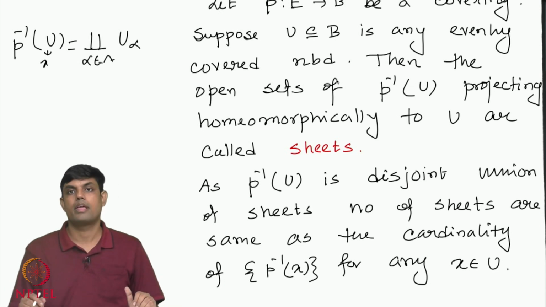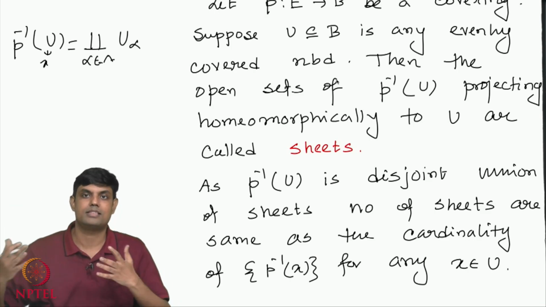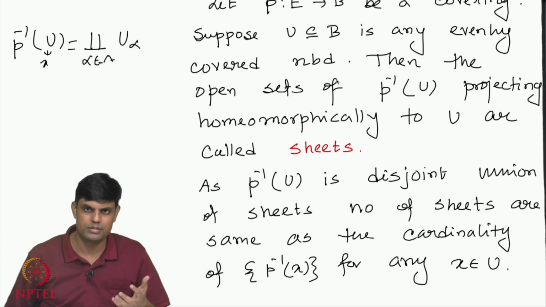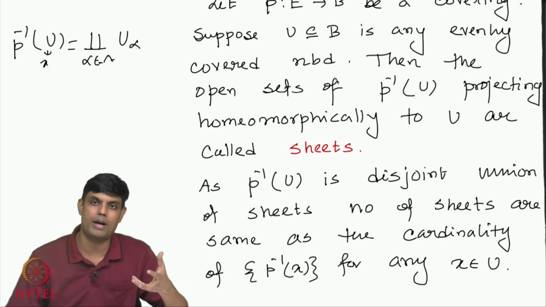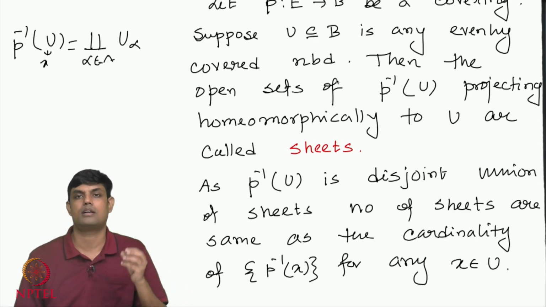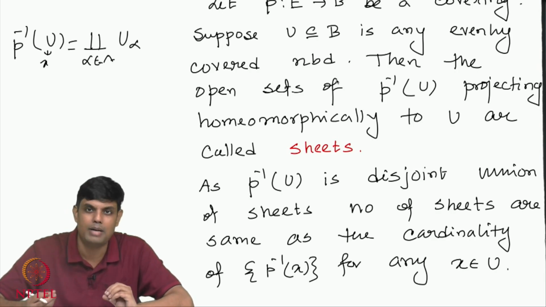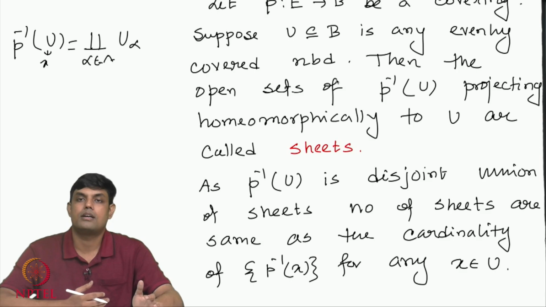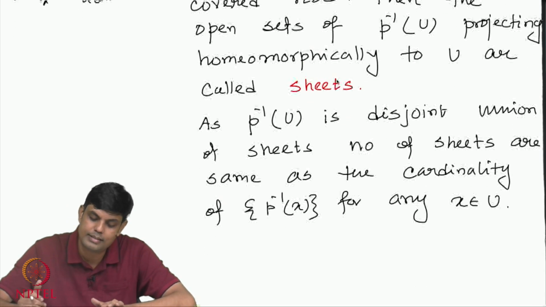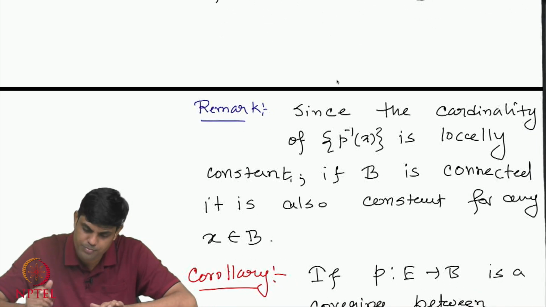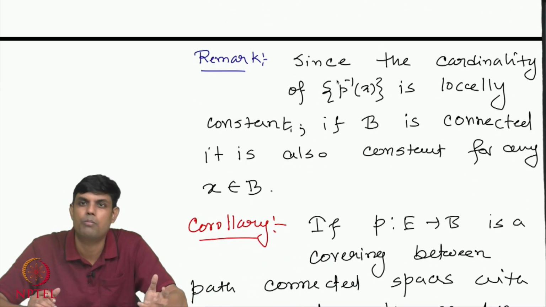Now, the cardinality goes into a discrete set, the set of all integers with its usual topology, so this is a locally constant map, and hence it is also continuous. So, if B is path connected, then since it is a locally constant map, the map is also globally constant.